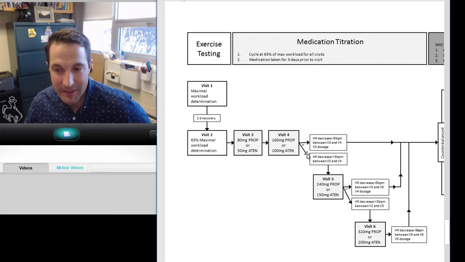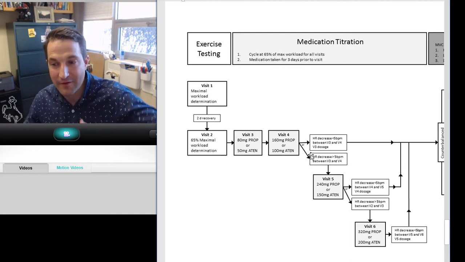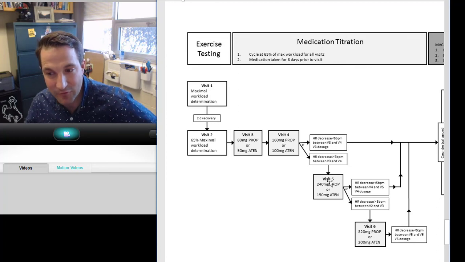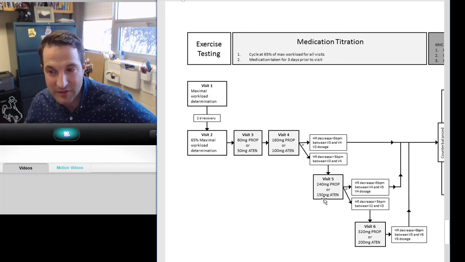But for some people in this, adding extra medication actually caused their heart rate to go down more. If that was the case, well, then they came back for another visit, and they got even more of each medication, and you had the same outcome. Well, did their heart rate not change from the previous visit, or did it decrease by more than 5?